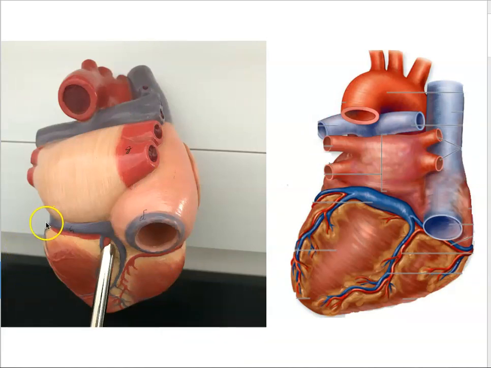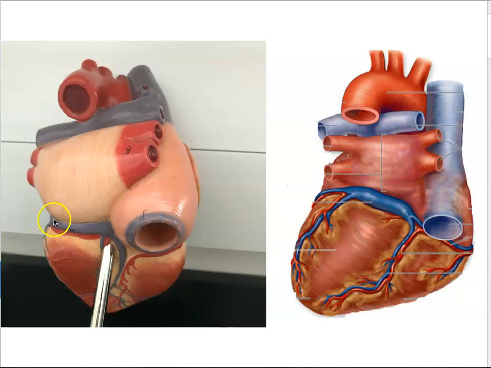Here is the great cardiac vein coming on the back side, and you can see it better right here. It's actually dumping its blood into this big dilated blood vessel called the coronary sinus. A sinus is just a big blood channel, and this coronary sinus is going to be draining blood into the right atrium.